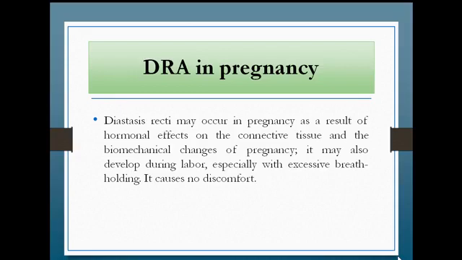So when there is laxity, or you can say relaxing of the muscles, then there is decreased tensile strength, which can increase the chances of damage. Due to the increased amount of relaxin and progesterone, the connective tissue's tensile strength decreases, leading to increased chances of diastasis recti abdominis.